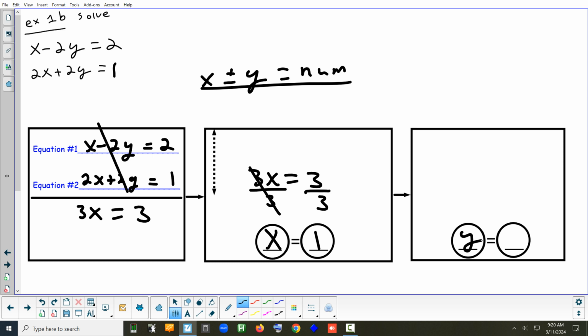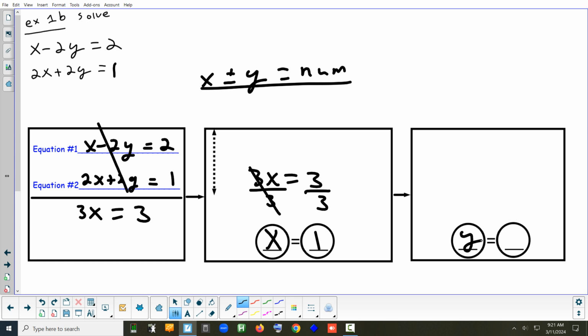You plug it back in. To which equation? The top one. I'd say the second one.